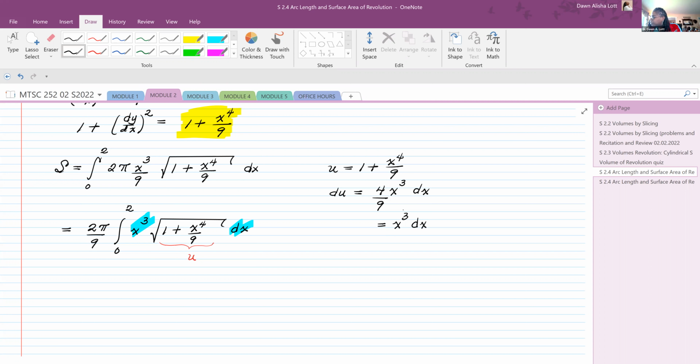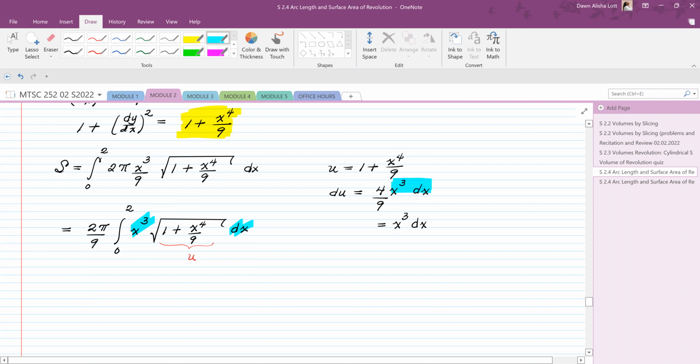Well, I have x cubed dx right here. That could be 9/4 du. So I'm going to multiply both sides by 9/4 and get 9/4 du. Do you see that? Yeah.